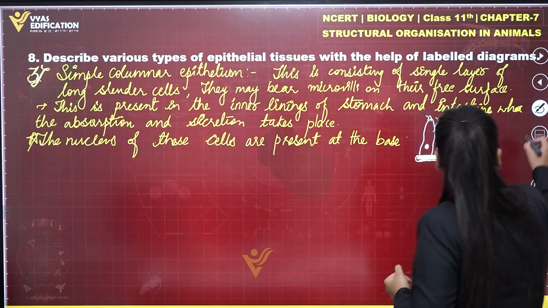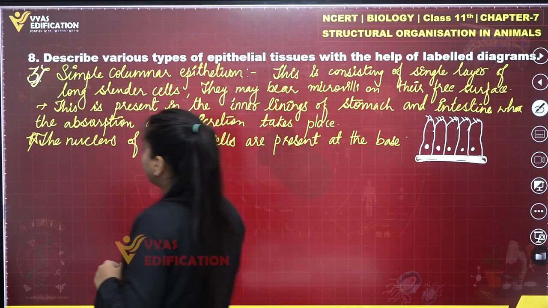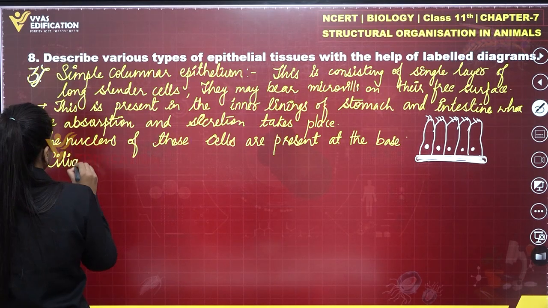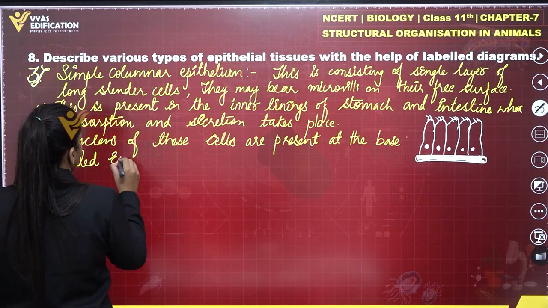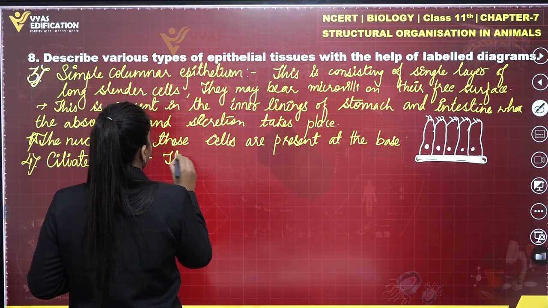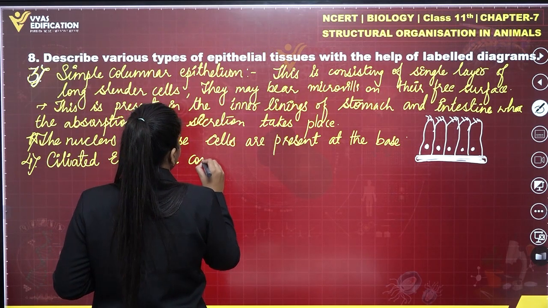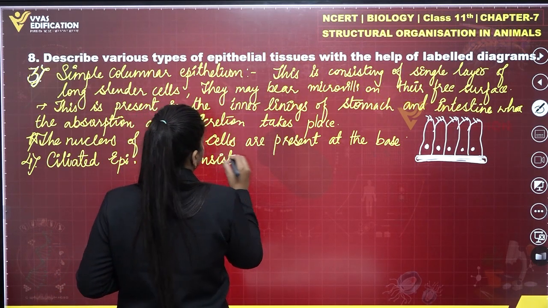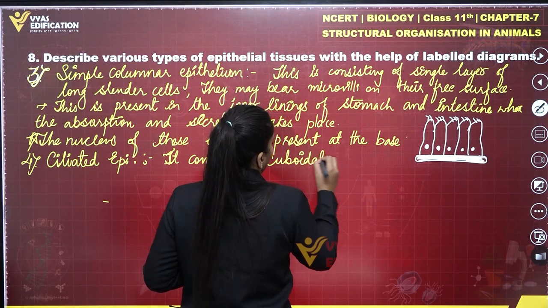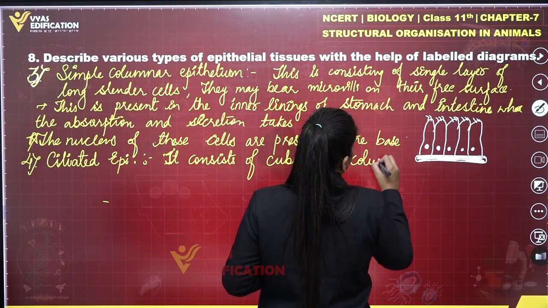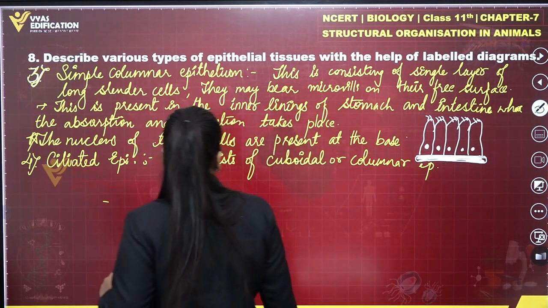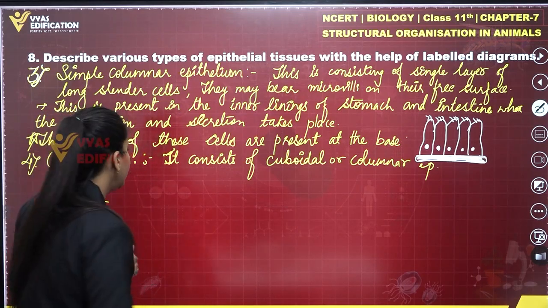Now moving on to the next type of simple epithelium, that is your ciliated epithelium. Now it consists of cuboidal or columnar epithelium, right?